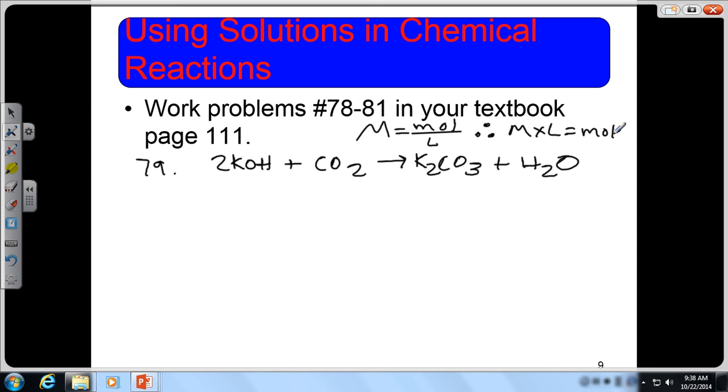I'm going to use liters just because milliliters might confuse some of you. So I'm going to move my decimal over. You move your decimal to the left 3 places when you move from milliliters to liters. And the molarity I'm given is 0.957 moles per liter.